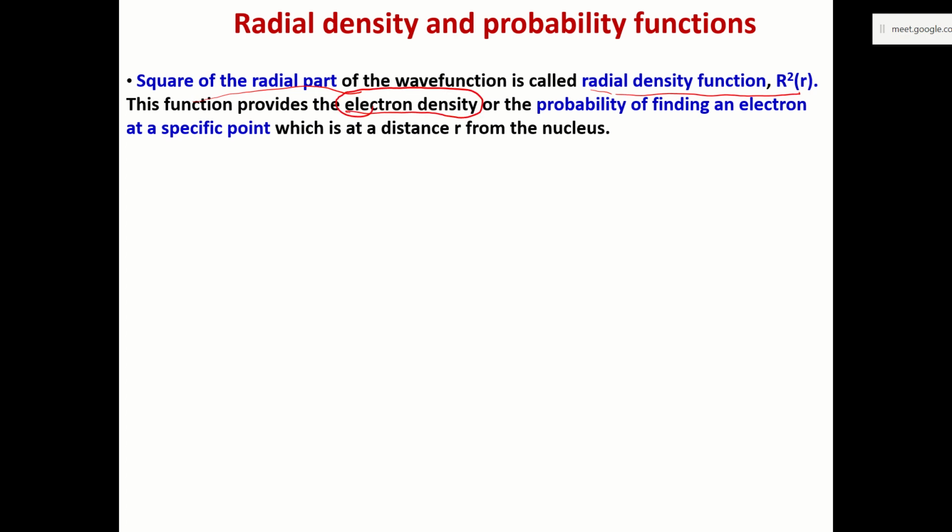It provides you the electron density at that particular point. Electron density is also said to be the probability of finding an electron at a specific point. Remember, this specific point at a distance. In other words, the electron density is the same thing as the probability of finding an electron at a specific point at a distance r from the nucleus.